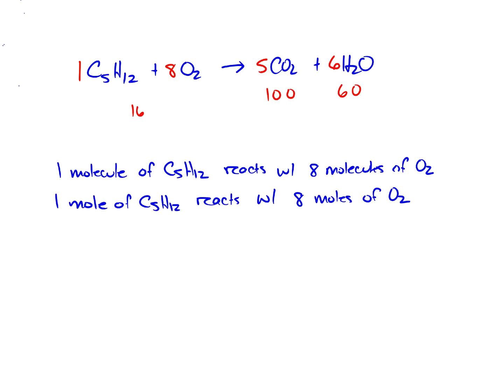And when I'm saying a mole, I'm actually saying in a mole of C5H12, I'm saying that there are 6.022 times 10 to the 23rd molecules reacting with 8 times 6.022 times 10 to the 23rd molecules.